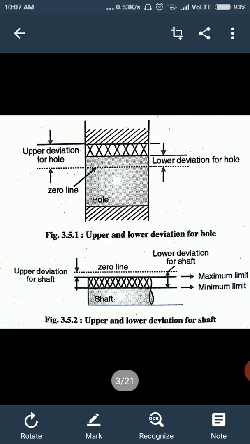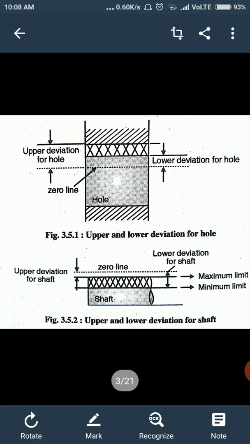Upper deviation means the difference between the maximum limit and basic size of the component. If we consider the example of a hole, upper deviation is the maximum limit of the hole minus basic size.